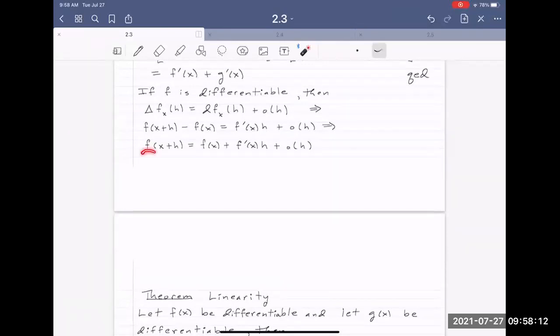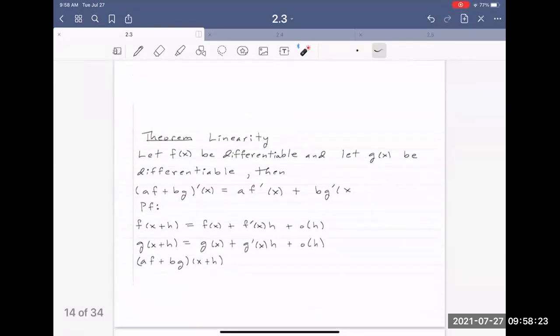So f is differentiable if there exists this function so that this holds. So let's use that to prove linearity, that the derivative operator is a linear transformation.